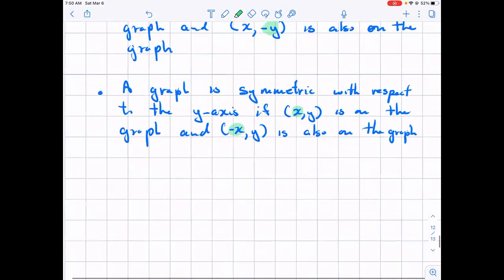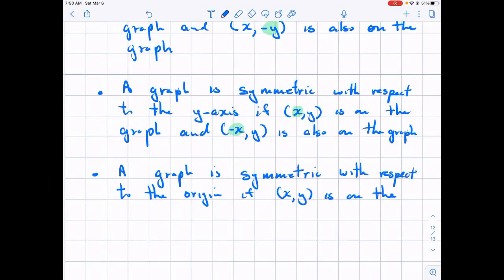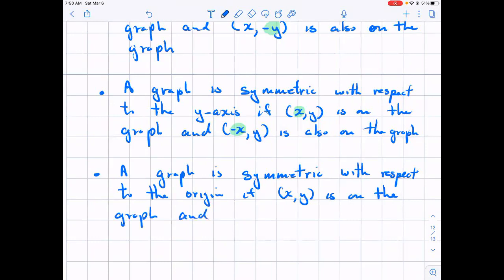And then we also have origin symmetry. So a graph is symmetric with respect to the origin if x comma y is on the graph and minus x comma minus y is also on the graph.